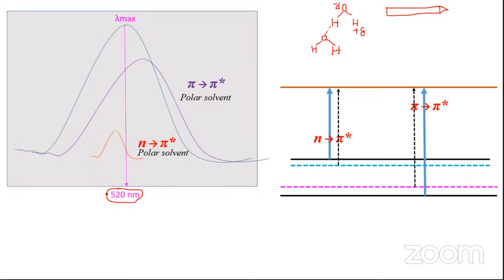Yes, sir. If you shift from non-polar solvent to polar solvent, then due to pi star you will see a big shift, because in non-polar solvent pi star will be somewhere below 520, while in polar solvent pi star is much above 520, right? So there you can see a big shift. But in what situation are you going to get the 520 peak?